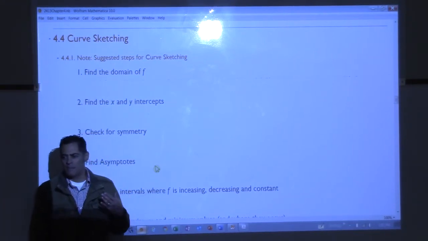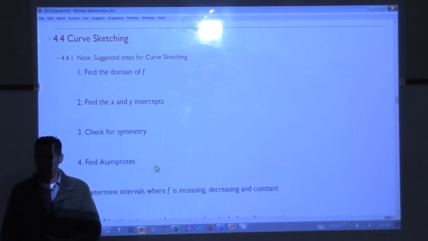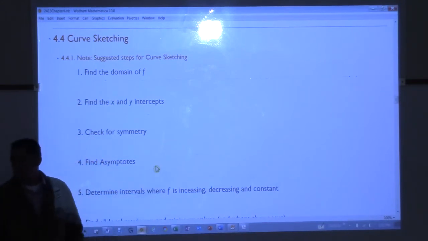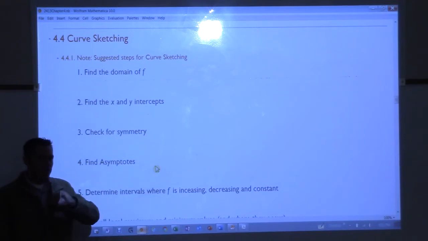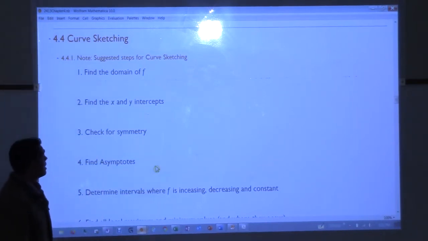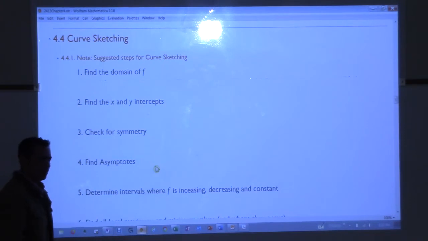We're talking about math that was developed many years ago, humans thinking about math for thousands of years, and we're looking at some of the major accomplishments. One of them, because of calculus, was the ability to sketch a graph without a computer. Nowadays it's not as practical, but it does bring everything together, which is worth looking at.